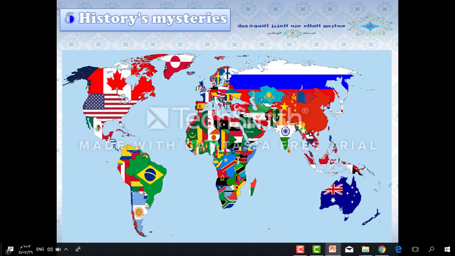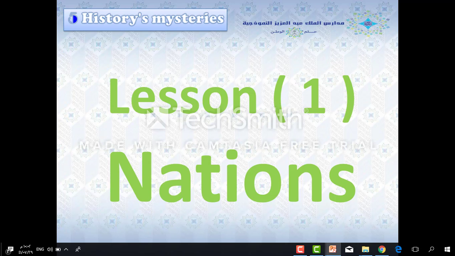Here is the map of the world. As you can see, there are many countries and nations. So lesson 1 is going to be about nations.